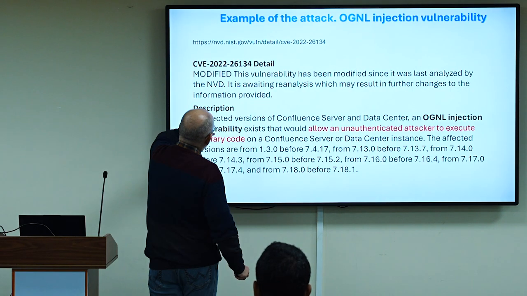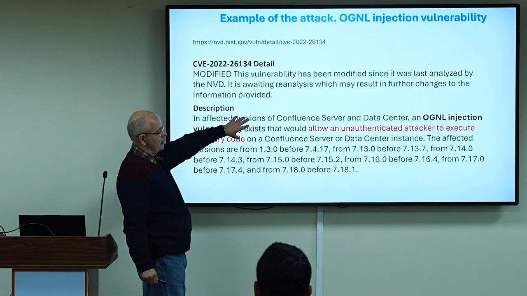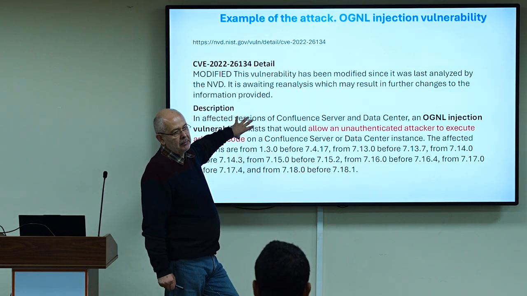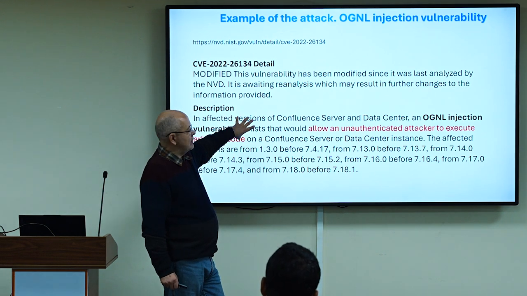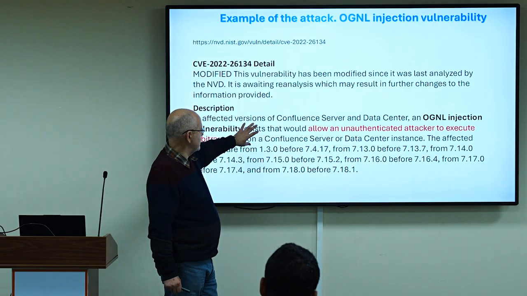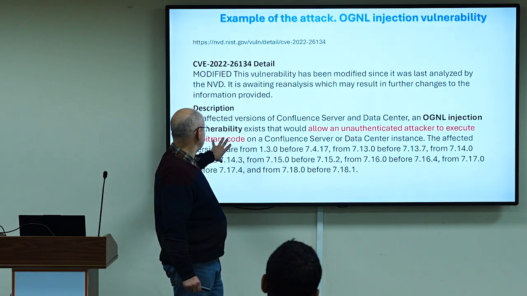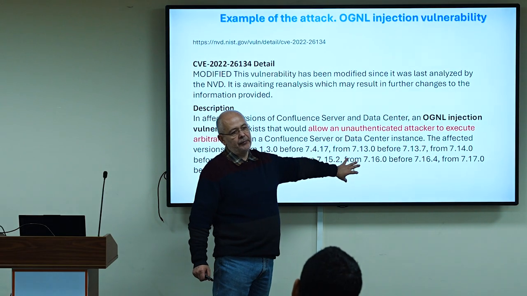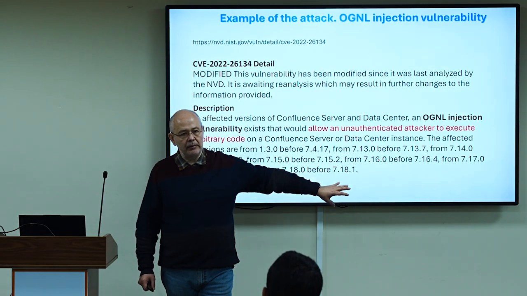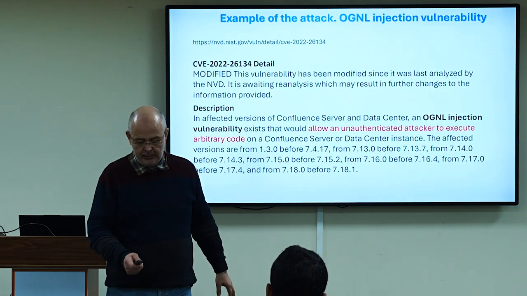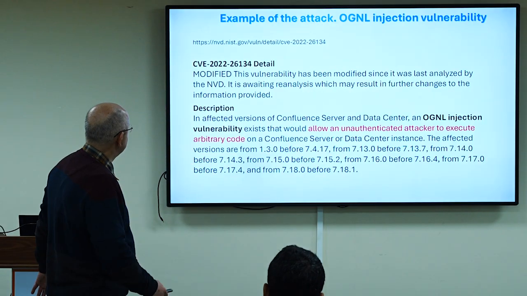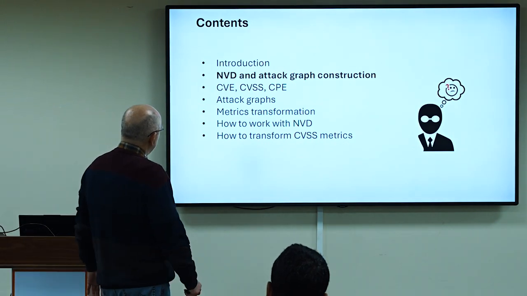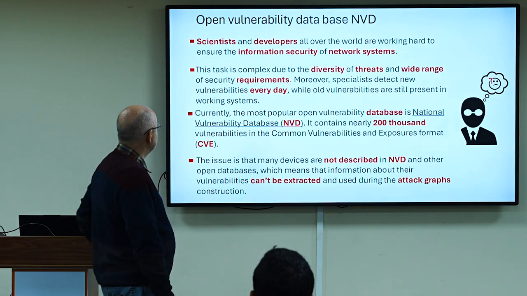Usually the description contains what kind of vulnerability it is, so what the weak place in the system is, how to exploit it, maybe the exploits and some code, and what kind of software and hardware can be penetrated using these vulnerabilities.